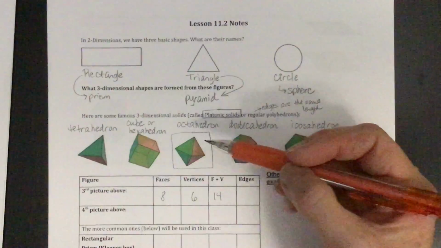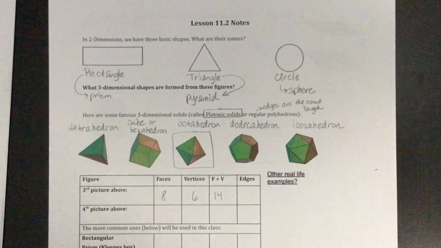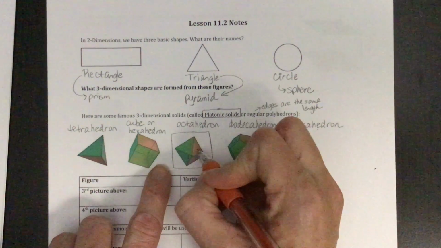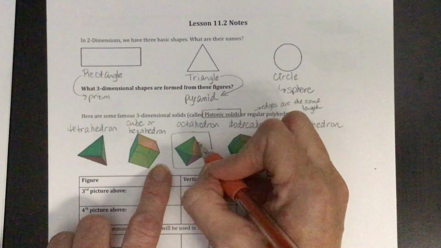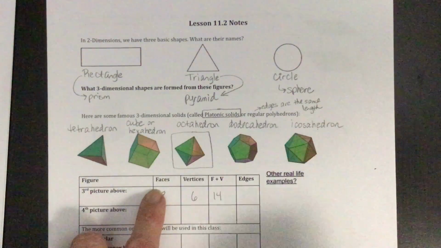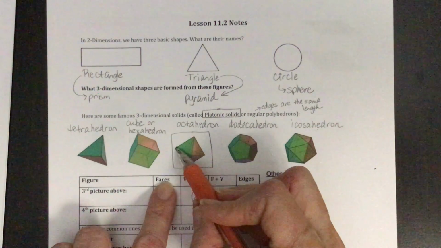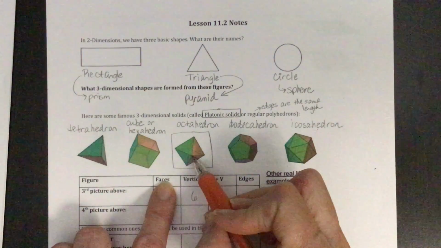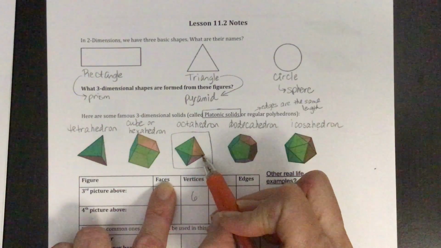And then the edges. So again, the edges are the line segments formed where the faces intersect. So where this triangle and this triangle intersect, there's an edge. And where this triangle and one of the ones back here intersect, there's an edge. So the edges we can see, there are 1, 2, 3, 4, 5, 6, 7, there's 8.